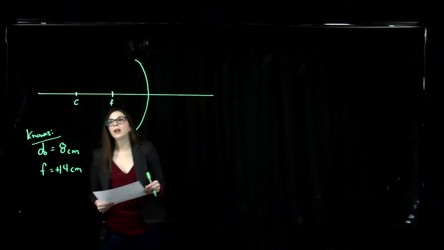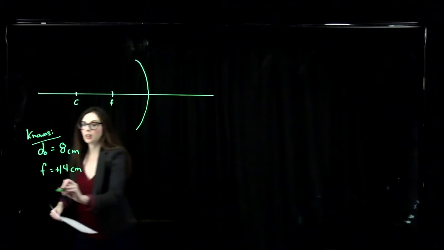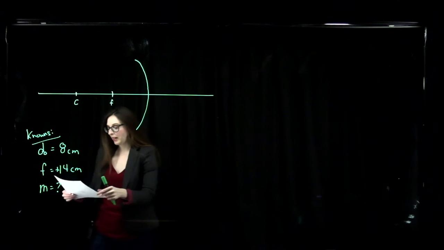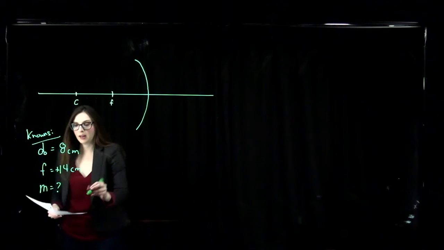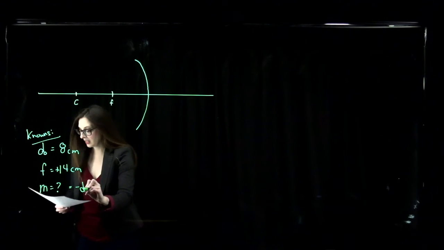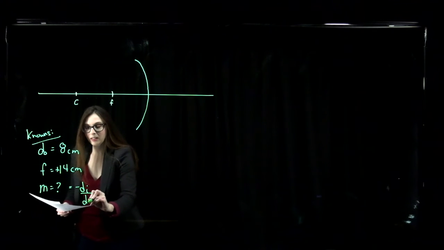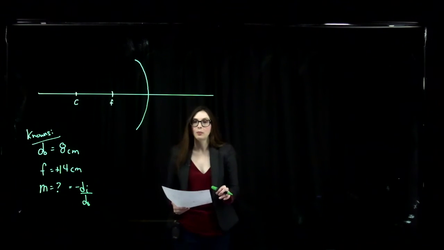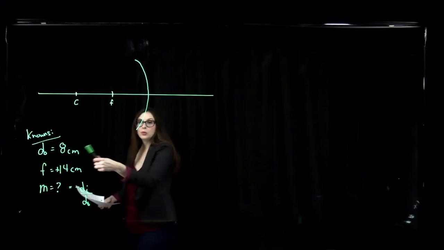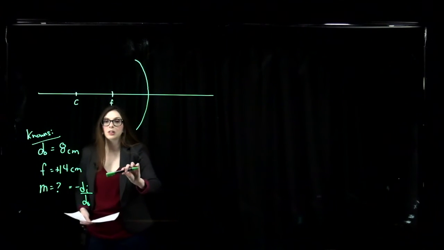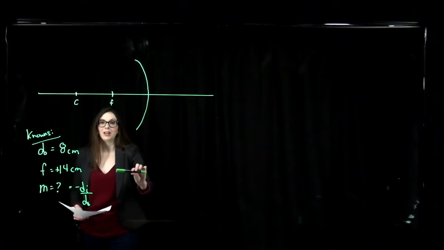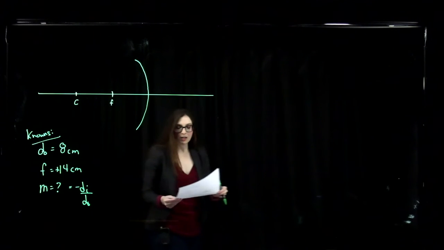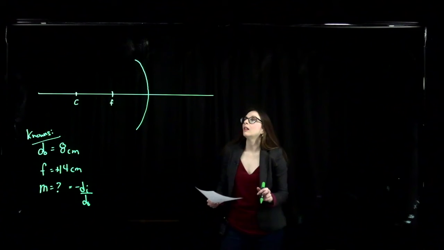What is the magnification? So we're looking for magnification equals question mark. Our equation for magnification, we can write it as minus d_i over d_o. We can also relate it to the height of our image, but we're already given d_o, so we might as well get d_i, the distance that our image is away from the mirror, in order for us to figure out this magnification.